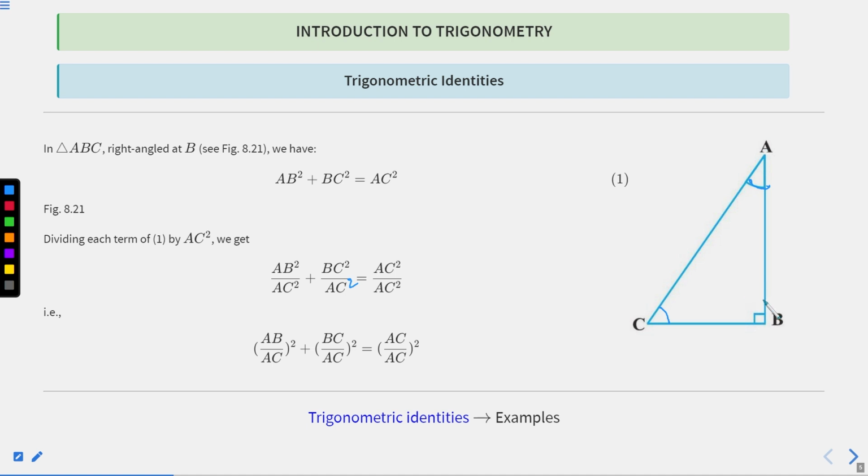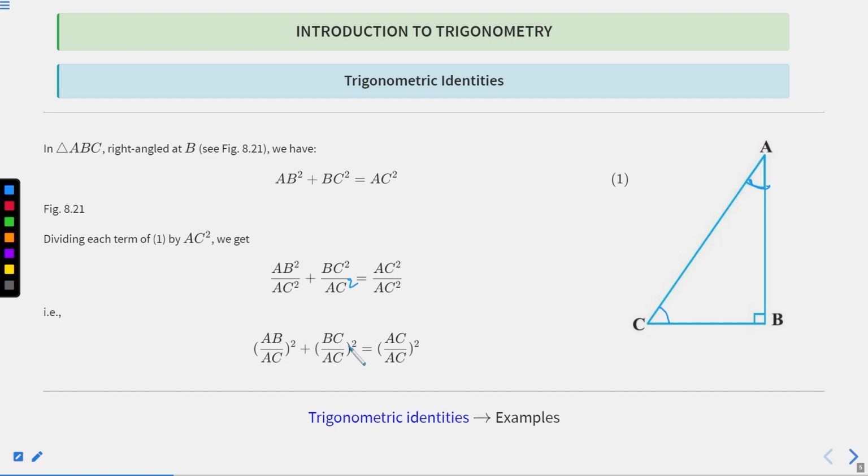And for sin A, we know sin A is equal to the side opposite to angle A divided by the hypotenuse, and cos A is the side adjacent to angle A divided by the hypotenuse.